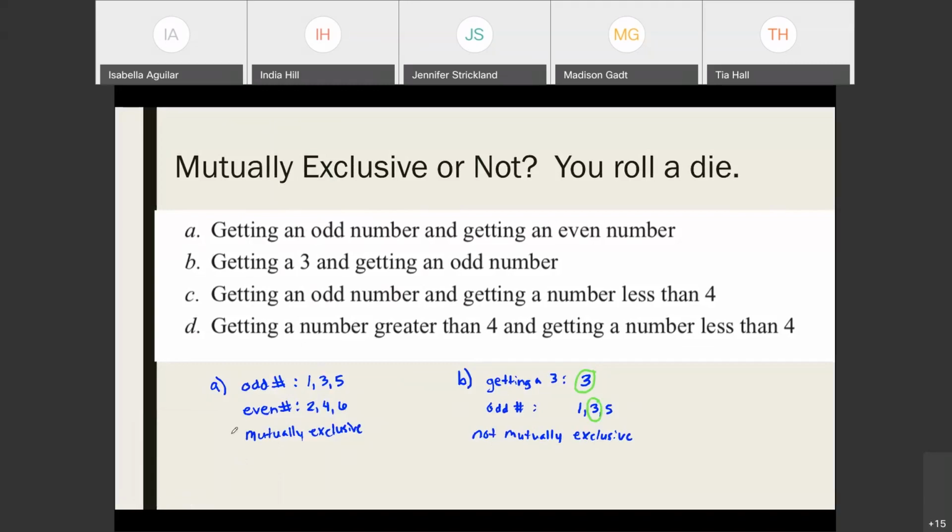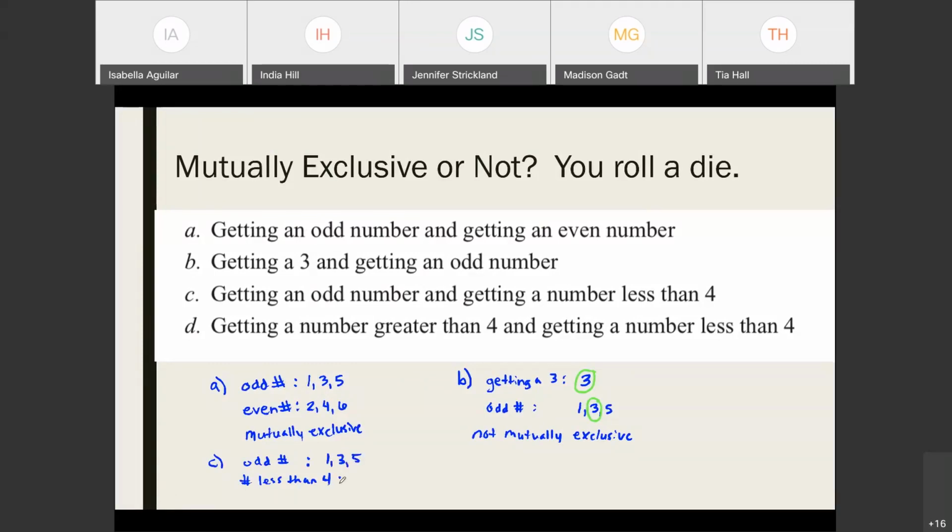Okay, all right, let's look at part C. So the first event is getting an odd number. The second event is getting a number less than 4. Okay, so again, I know my odd numbers are 1, 3, and 5.